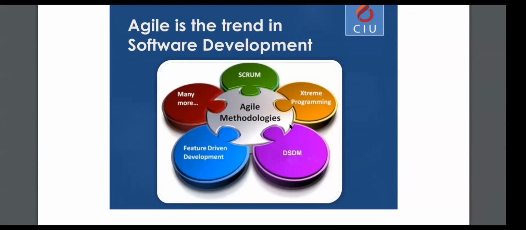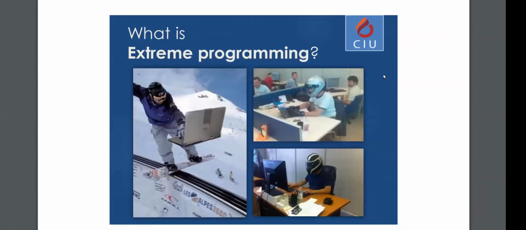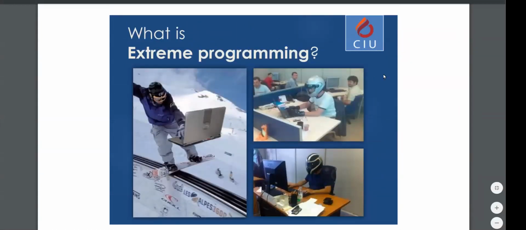You will see Scrum a lot, extreme programming once again. Usually extreme programming is combined with Scrum nowadays. DSDM is especially used in global businesses, along with feature-driven development and adaptive software development. These are all examples. You will come across extreme programming quite a lot.